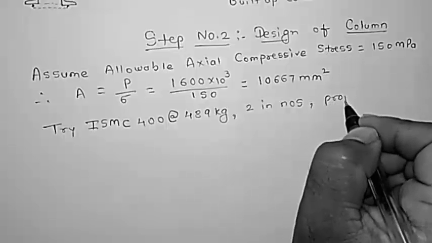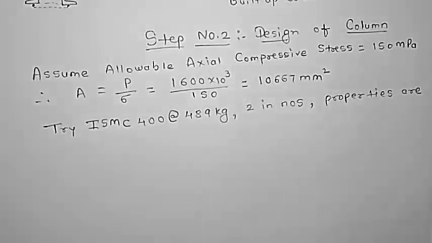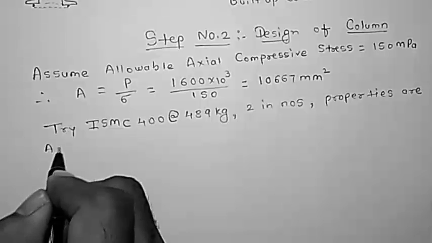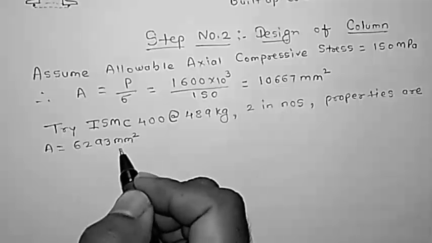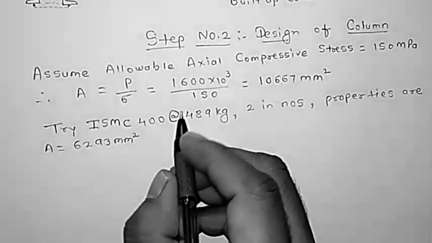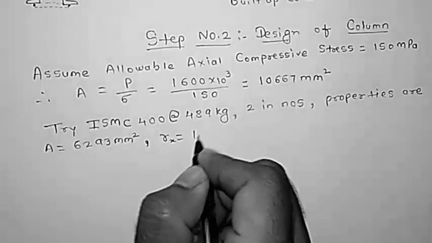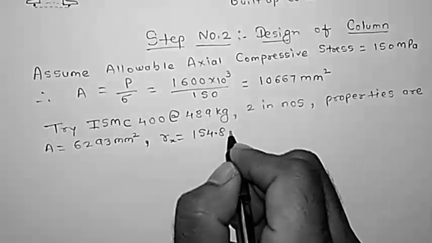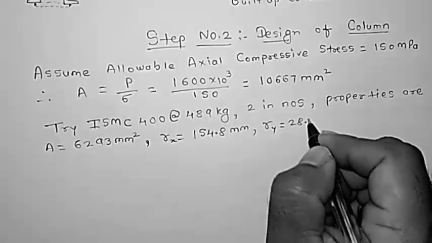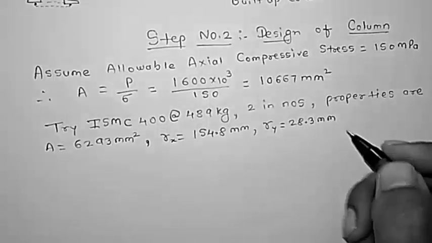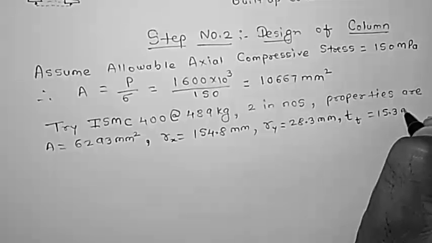So properties are already mentioned in the steel table. Area, if you make it double, you will get more than this 10,667. Then you have this Rx 4.8 mm and Ry, that is 28.3 mm, and Tf you will get, that is 15.3 mm.